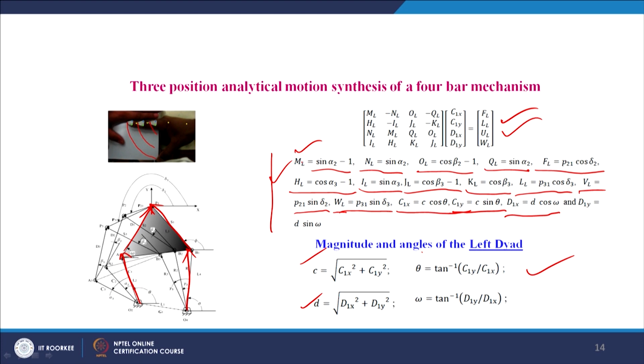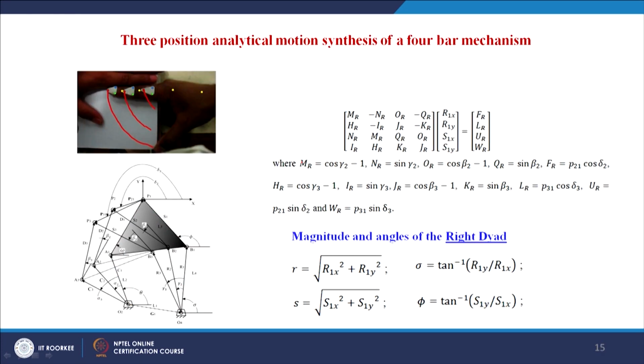Then similarly we can do the same procedure to get the standard matrix form for the right dyad, that is obtained by the vector pair R1 and S1. So we can also obtain the standard form of the matrix, which is given by this equation, that is a matrix having the members MR, NR, OR, QR, HR, IR, JR, KR, NR, MR, QR, OR, JR, HR, KR and IR.